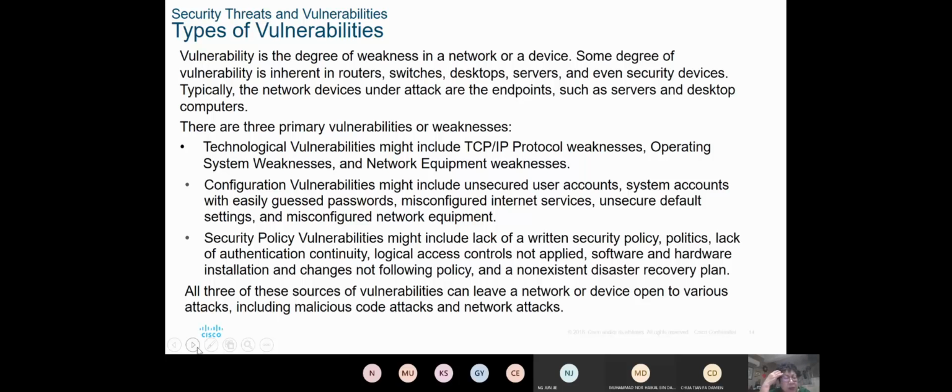In terms of company security policies, that is how the company sets up a policy. For example, you have password security, and you have the standard operating procedure to follow.